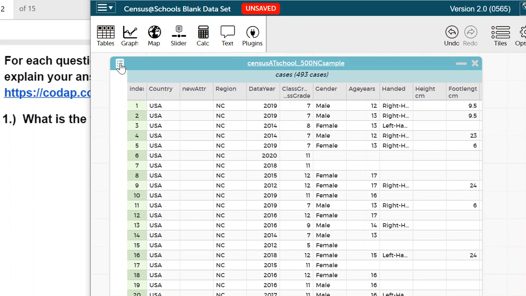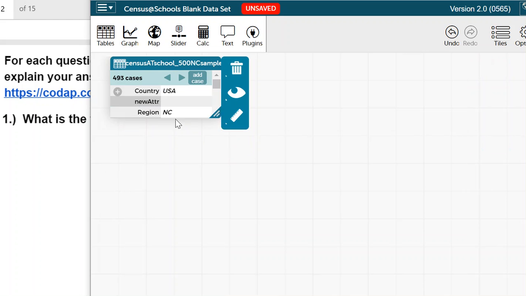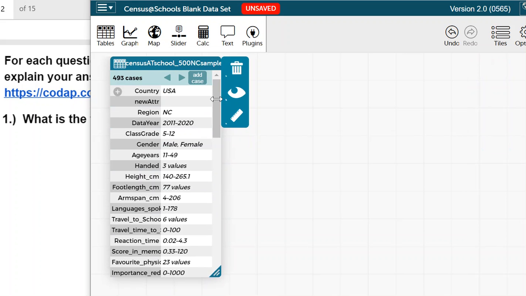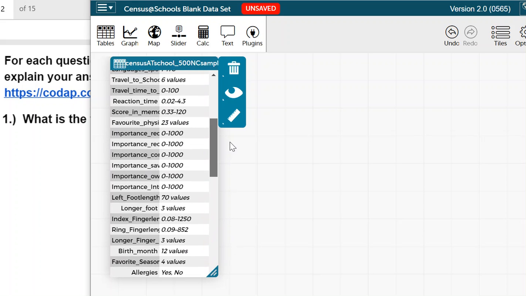Now, we had talked about this, I think, last time: here's this chart with like 40 columns all the way from left to right. When I first started doing this, I'd stretch to the right and then drag it to the left, and then stretch to the right and drag it to the left. I've since discovered that I can switch to case card view in the corner, and it will just give me a list of all of the categories.